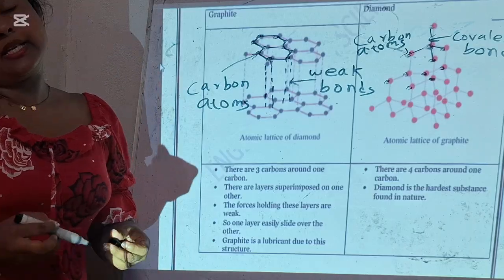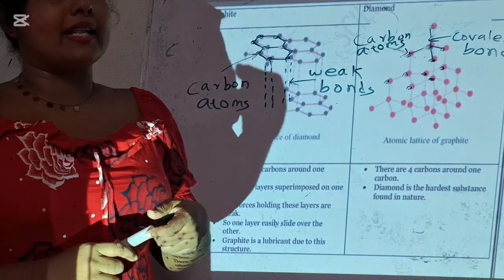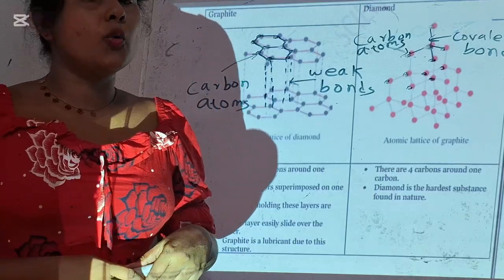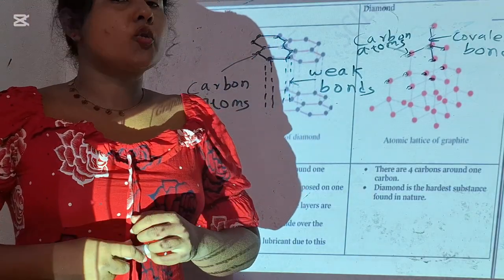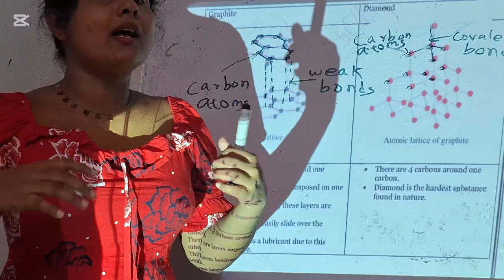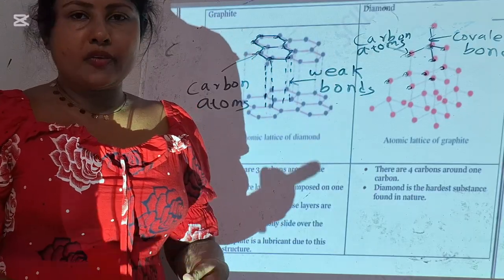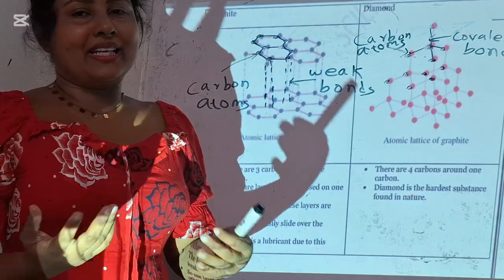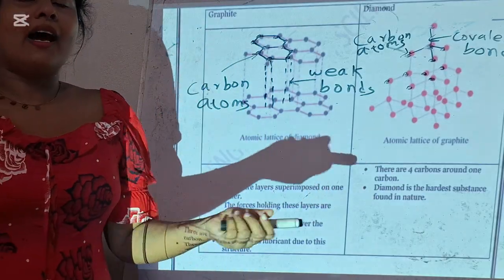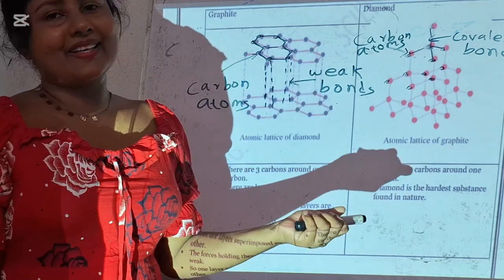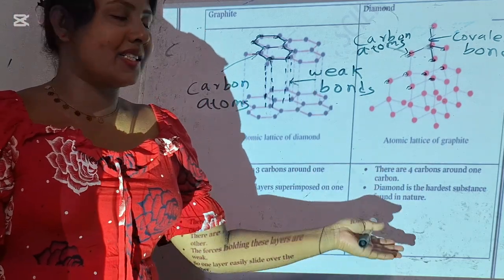Next, diamond is the natural hardest material in the world. That's why we use diamond to cut glass. Artificially, many materials have been made that are harder than this one, but the naturally hardest thing is this.